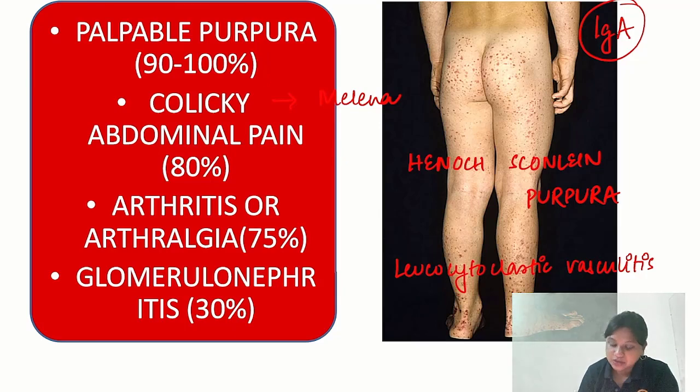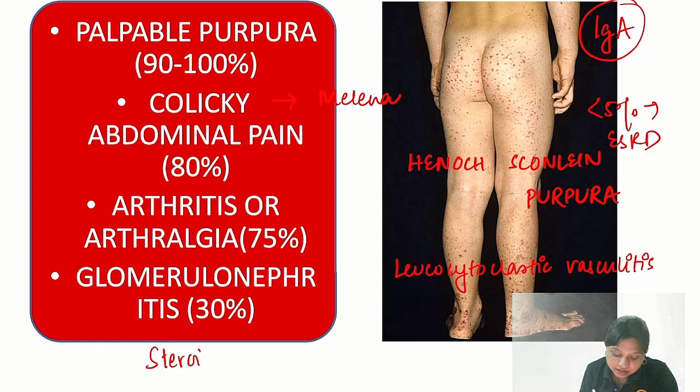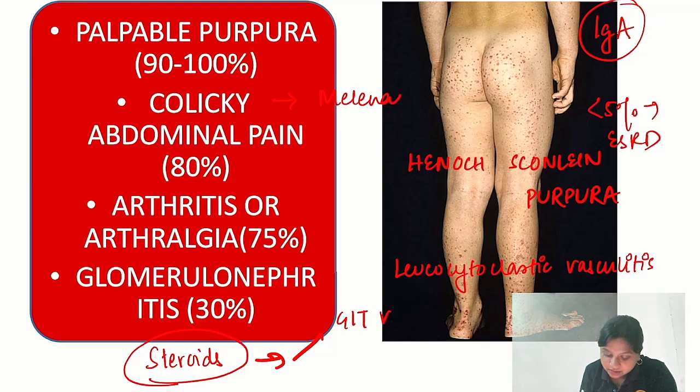Only less than 5% of cases go on to end stage renal disease. Otherwise, you just need to counsel that there is nothing to worry. And remember another thing: in case of Henoch-Schönlein purpura, when are steroids indicated? Steroids are indicated in two conditions. One is GIT vasculitis, GIT involvement.